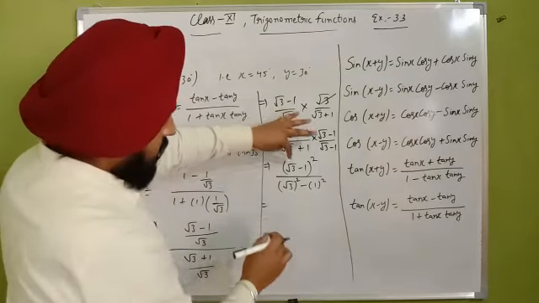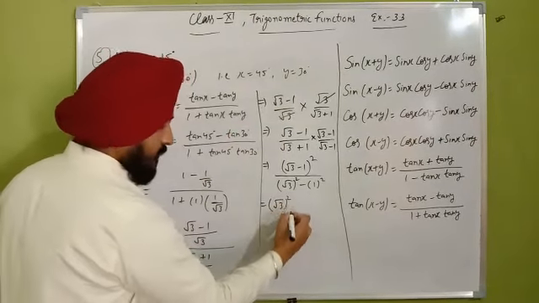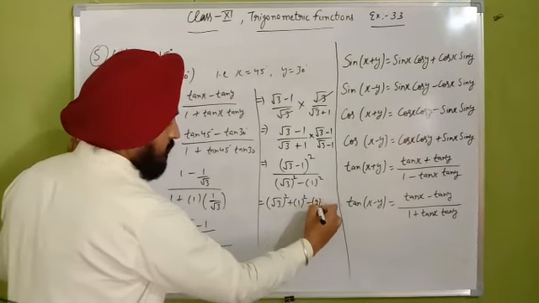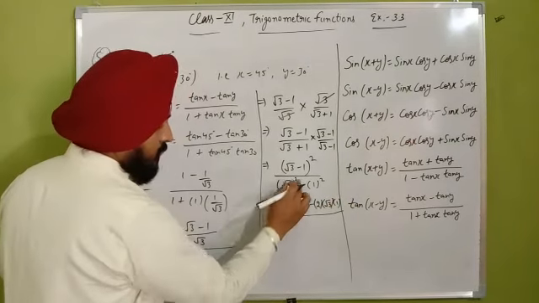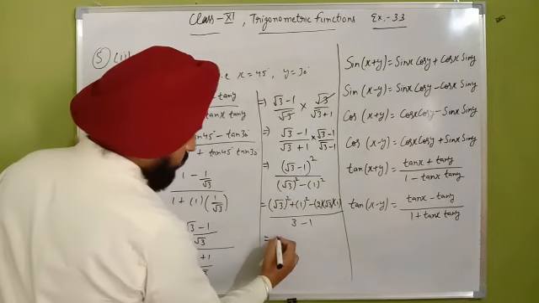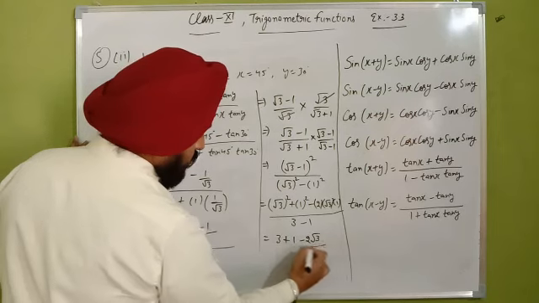Use the identity (a minus b) whole square, that is a square, that is root 3 squared, plus b square, that is 1, minus 2ab, that means 2 square root 3 into 1. Upon square root 3 square gives you 3 minus 1. Square root 3 square is 3, plus 1 square is 1, minus 2 square root 3, upon 2.